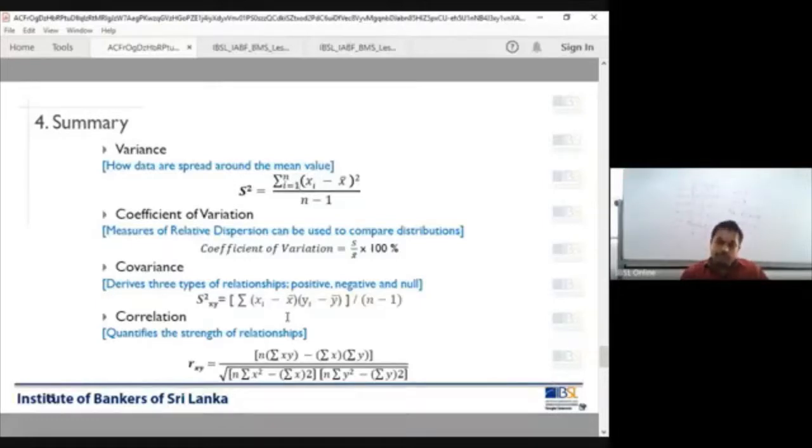Again, we are talking about the sample here. So this derives three types of relationships: positive, negative, and null or no relationship.